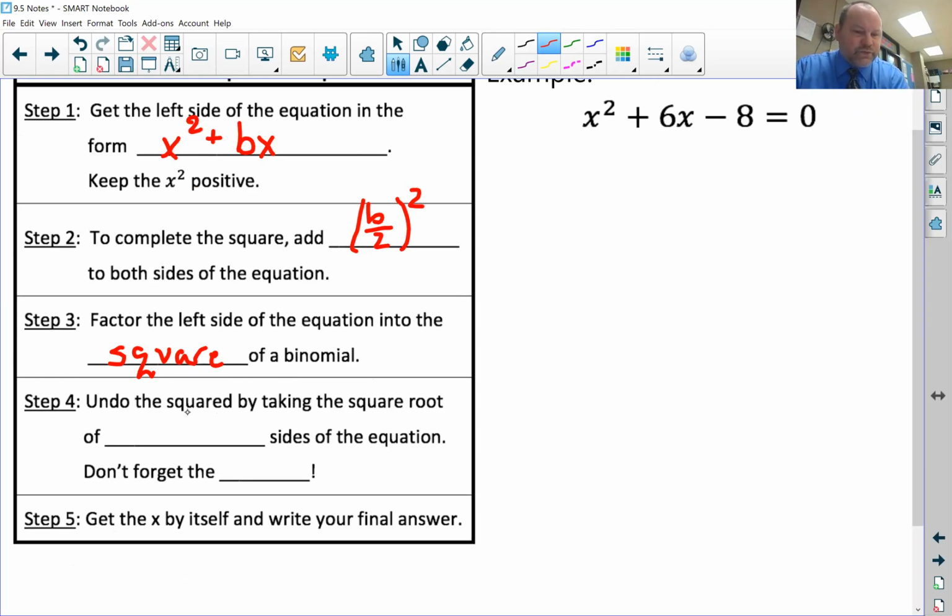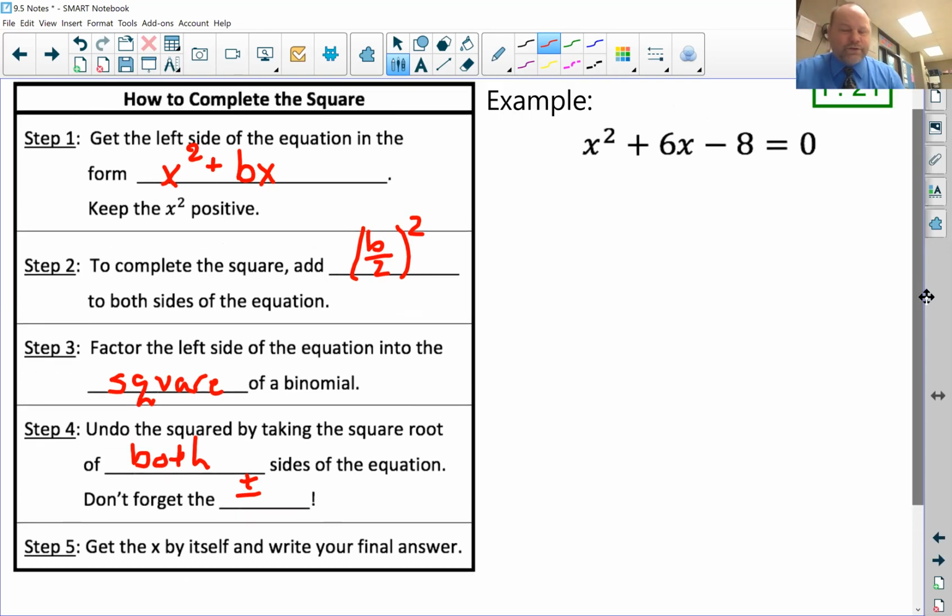And to solve for x, we need to undo the squaring. So we take the square root of both sides of the equation. Don't forget, when we take the square root, we get a positive and a negative root. That's important. And then the last step, get the x by itself and write your final answer.